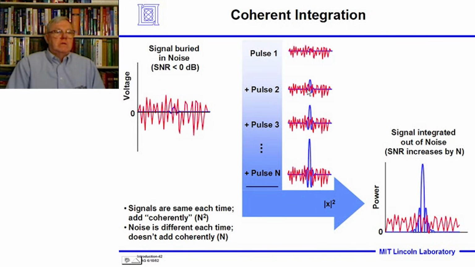If we coherently add them together, remember, keeping the target phase, then the target will move up, but since the noise is random, it won't move up as much. And the signal-to-noise ratio will be increased by n, the number of pulses that you're coherently integrating.